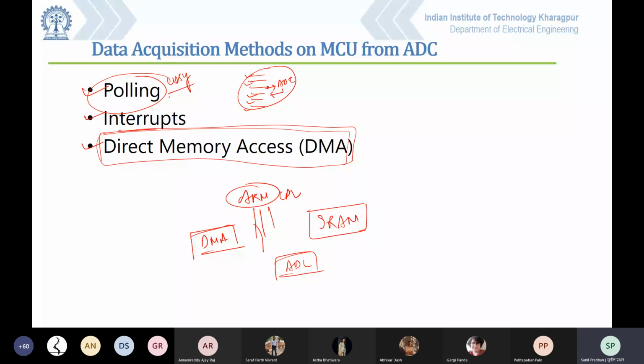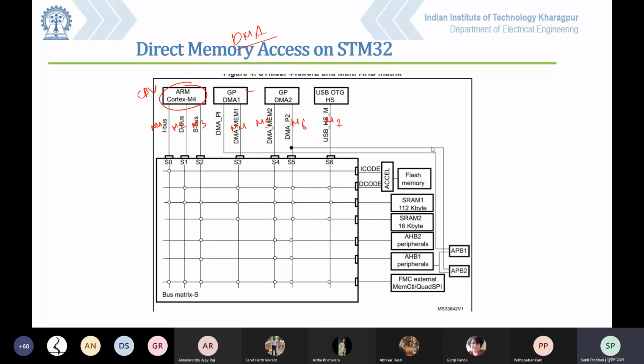If I'm going for the polling and interrupt methods, in both methods my ARM CPU will be involved, so it will consume some time. But in direct memory access, my ARM CPU will not be involved in any way. My ADC data will go directly through DMA to SRAM. So this is very, very fast. This DMA data acquisition method is very fast.